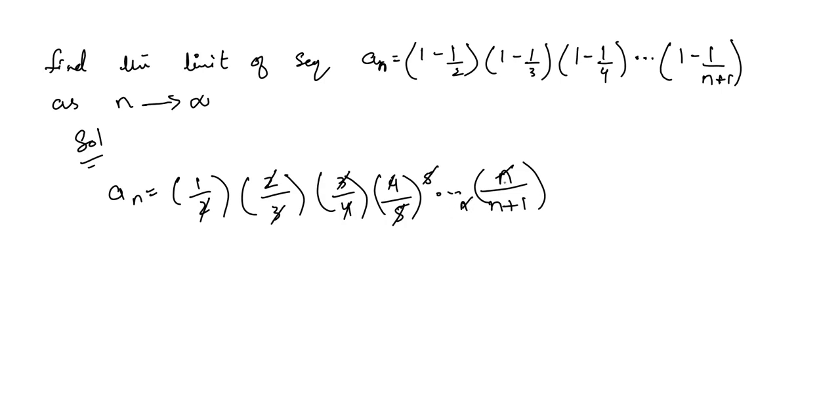So this n will be cancelled out with this n, and we will be left with this n plus 1 and this 1, which is similar to the working of a telescope.